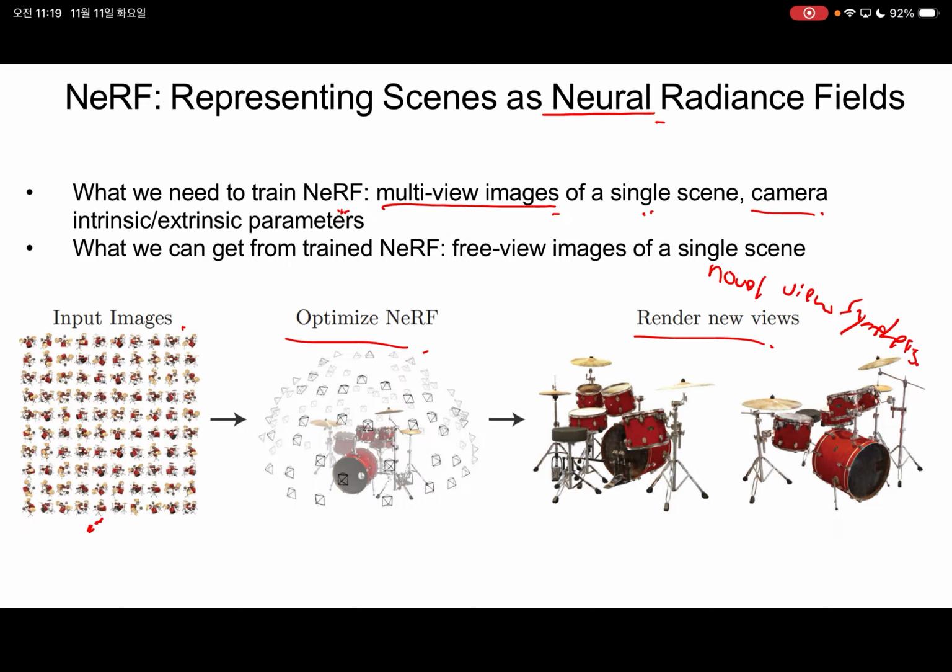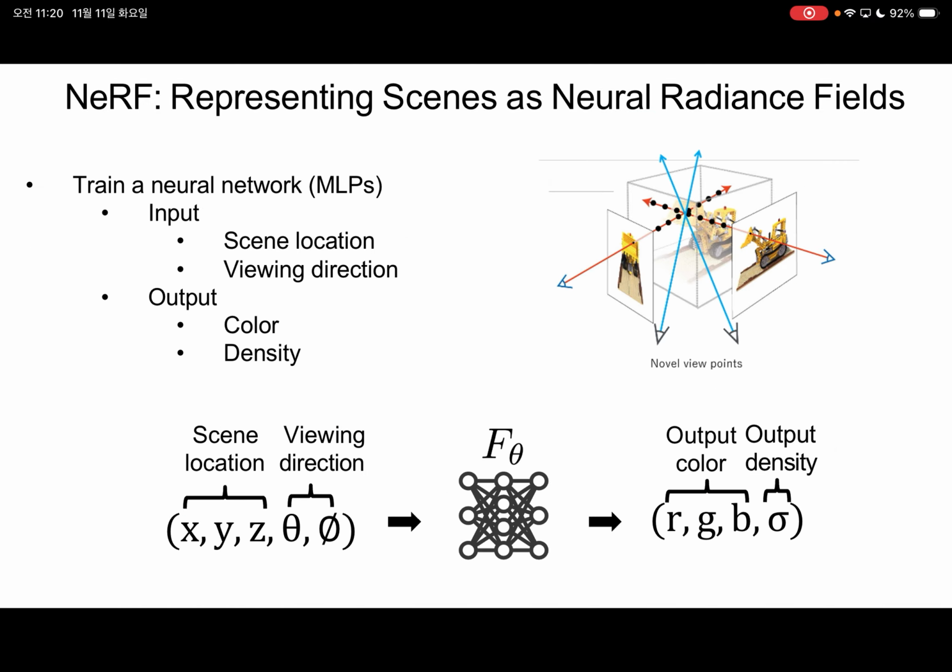From multiple images of a single scene and camera calibration, camera parameters, we are trying to get a neural network that can represent this 3D scene, and once we get this neural network, we can render images from any viewpoint. That is what we can do with NeRF. So these are the input and output of NeRF.